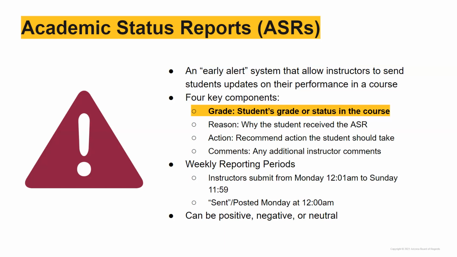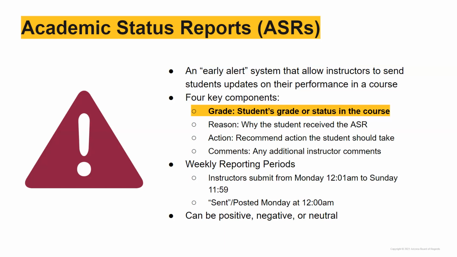So the action maybe show up to class. These aren't the exact descriptions. And then they could put in comments. Those aren't required fields. So sometimes you'll get ASRs that just have the grade or the status. Sometimes you will have them with actions, but no reasons, reasons with no actions, and comments with neither actions or reasons.